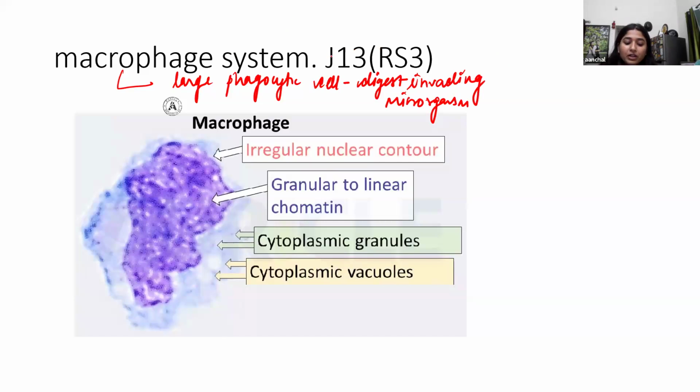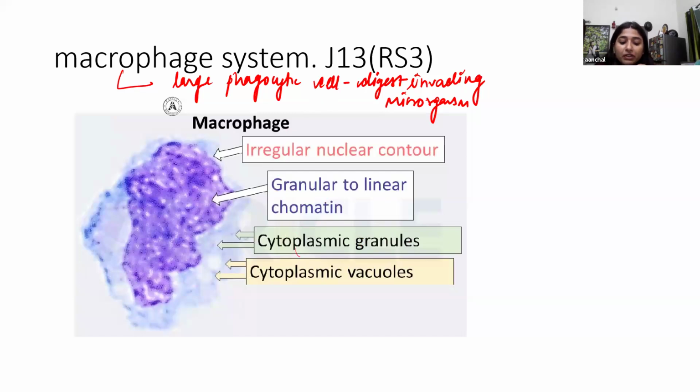Now, if we look at the morphology of the macrophage, it appears with an irregular nuclear content. It has granular to linear chromatin. It also has cytoplasmic granules and cytoplasmic vacuoles, right? Basically, these macrophages are found in essentially all the tissues, where they patrol for potential pathogens by amoeboid movement.